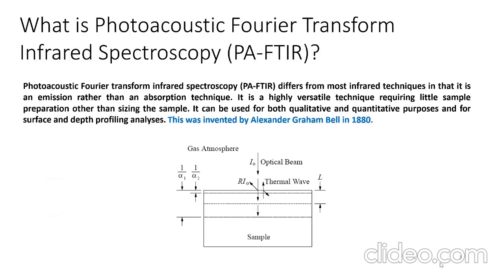So when the acoustic wave goes to the sample, it interacts with the sample. Some of the radiation will get absorbed, and some will be diffused in the atmosphere. The atmosphere has an inert gas inside it, which doesn't absorb the radiation itself.